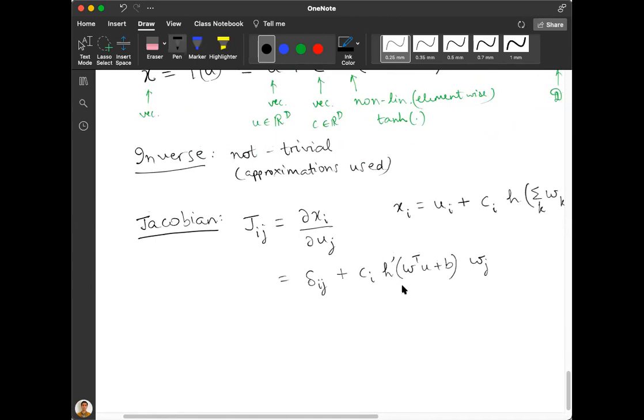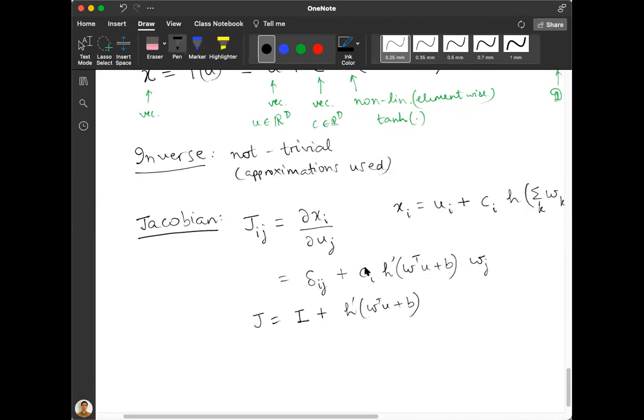Now, you can write it in terms of matrix also. J is equal to what? This is the identity matrix, right? And this is c_i times w_j, and this is a scalar anyway. So let me write it as h dash of w transpose u plus b.